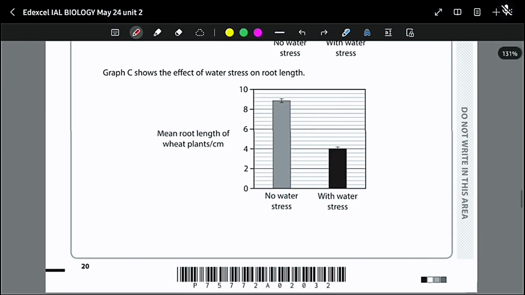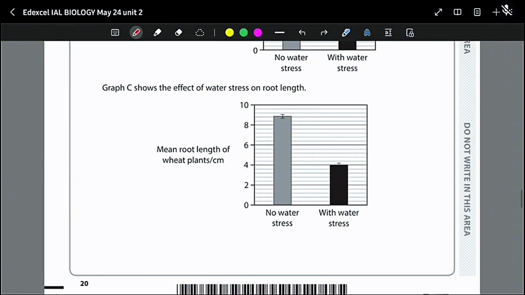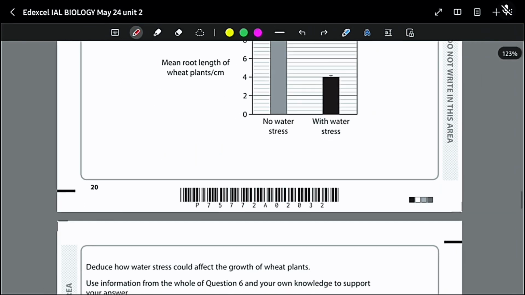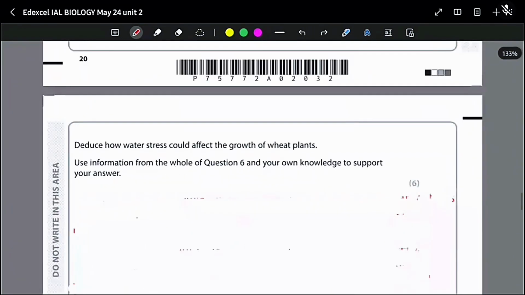And graph C shows the effect of water stress on root length. Deduce how water stress could affect the growth of wheat plants. Use information from the whole of question 6 and your own knowledge to support your answer. So we have to use the whole of question 6 plus our own knowledge.